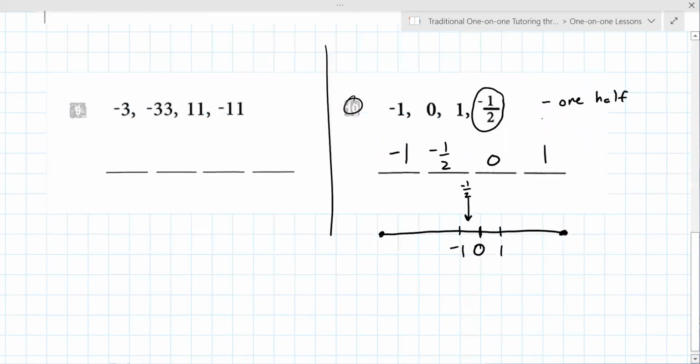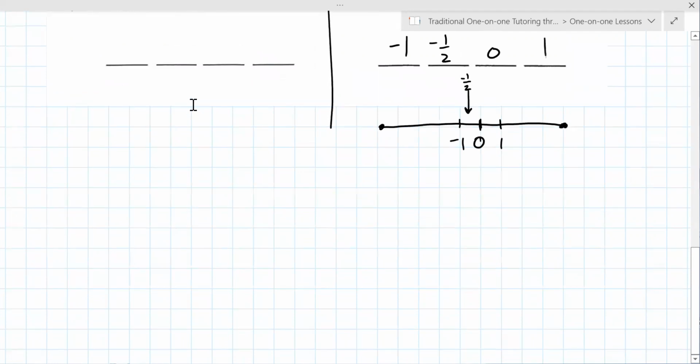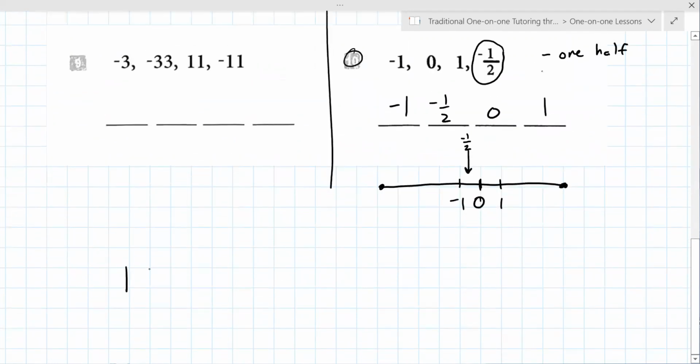So just really quick, I want to clarify some things with you. Let me know when you're ready. I want to make sure you've got this down. Ready? Okay, so this first number here is 1 and 1/2. The next number is just 1/2.